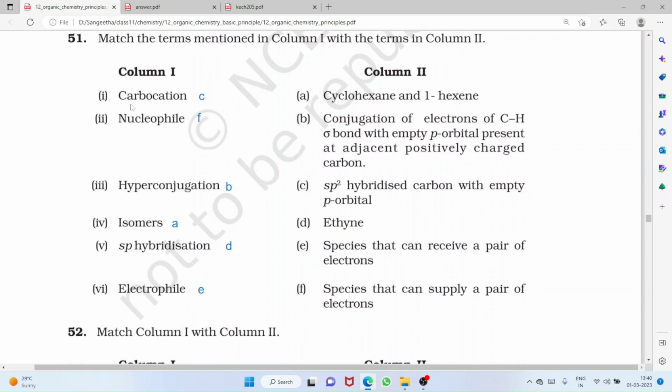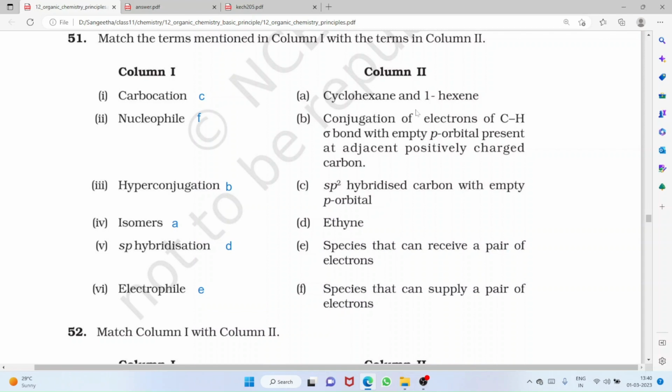Carbocation: sp3 hybridized carbon with an empty p orbital. Nucleophile: nucleophile means nucleus lover, since the nucleus is positive, so it can supply a pair of electrons.